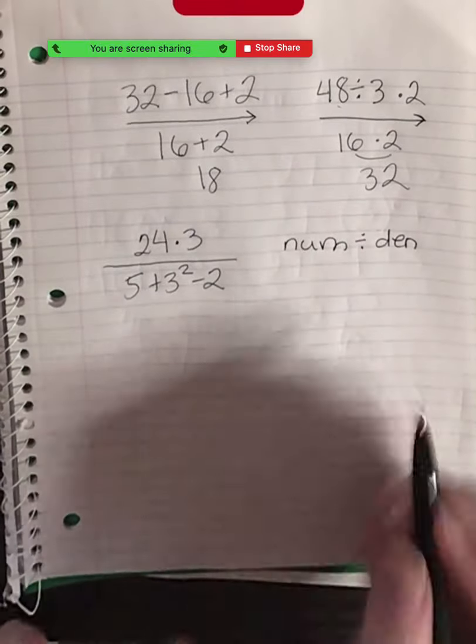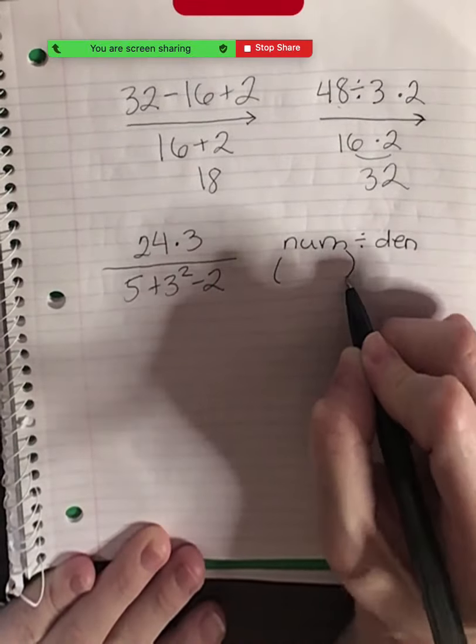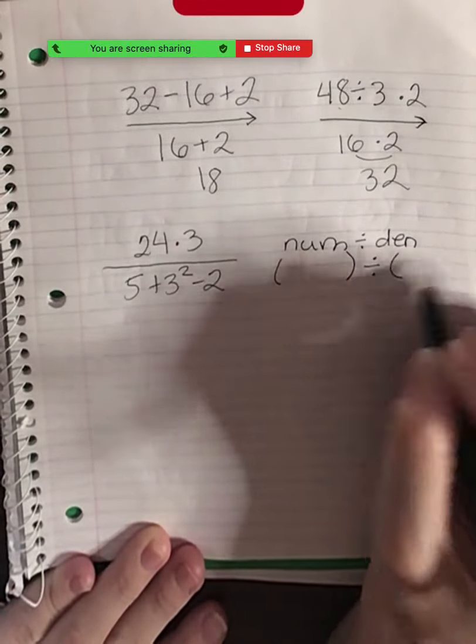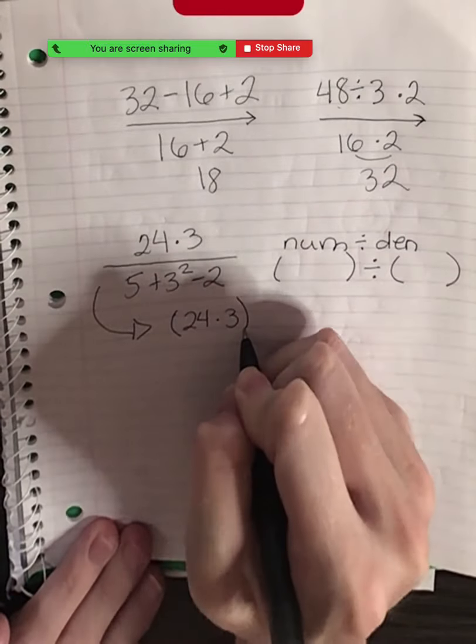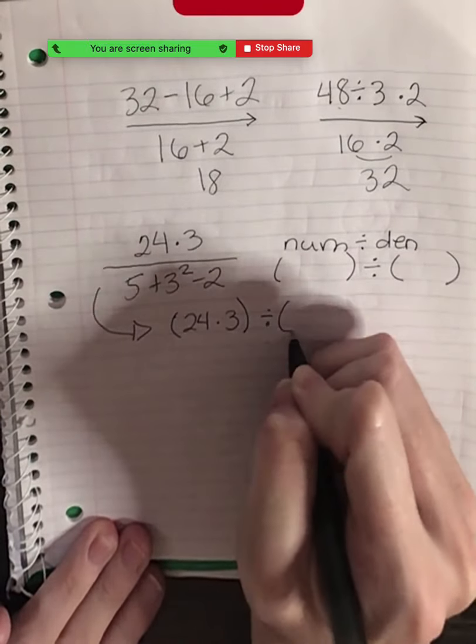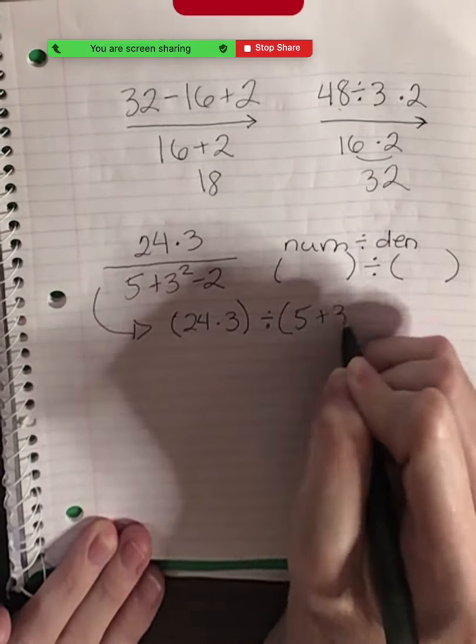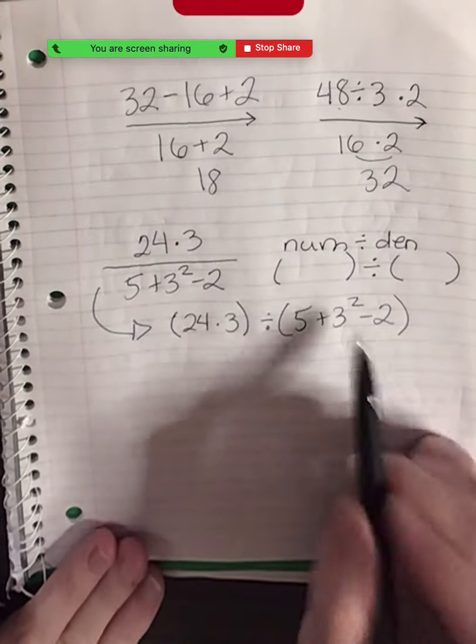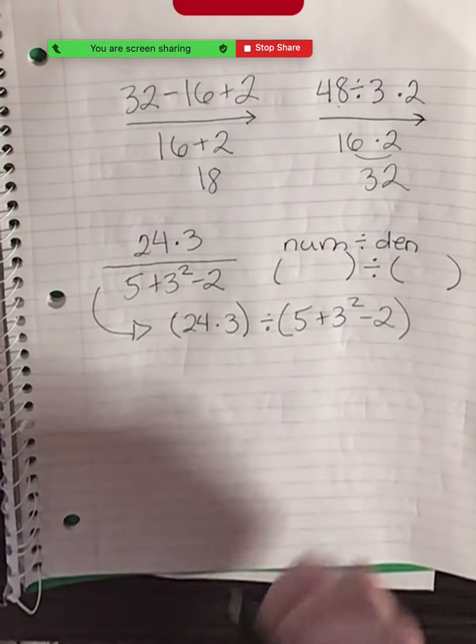So we can think of it as saying, here's my numerator, then my denominator. So what this problem really means is 24 times 3 in parentheses, then dividing by 5 plus 3 squared minus 2. So it's like you have your numerator in parentheses, then divided by the denominator in parentheses. So that's how it works as a grouping symbol.